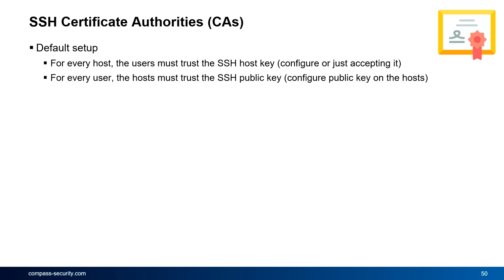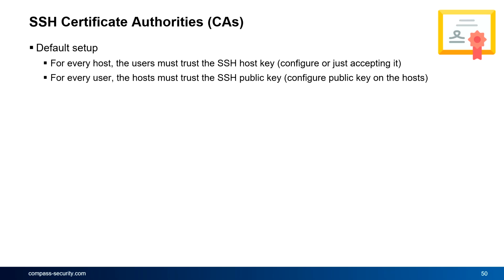So let's talk a bit about SSH Certificate Authorities, SSH CAs. In a default setup without SSH CAs, for every host, the users have to trust the SSH host key.